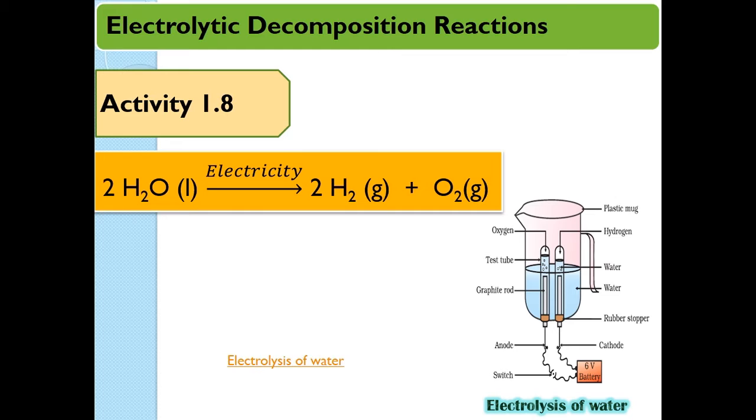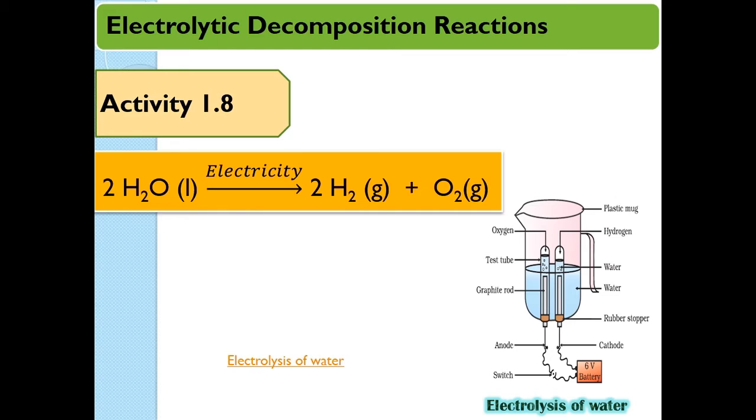Just take plastic mug, drill 2 holes at its base and fit rubber stoppers in these holes. Insert carbon electrodes in these rubber stoppers as shown in this figure. Connect these electrodes to a 6-volt battery.